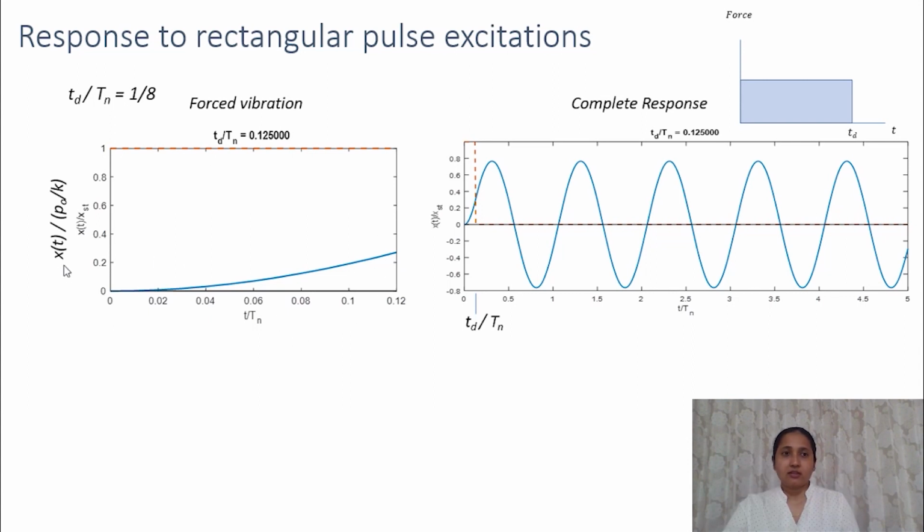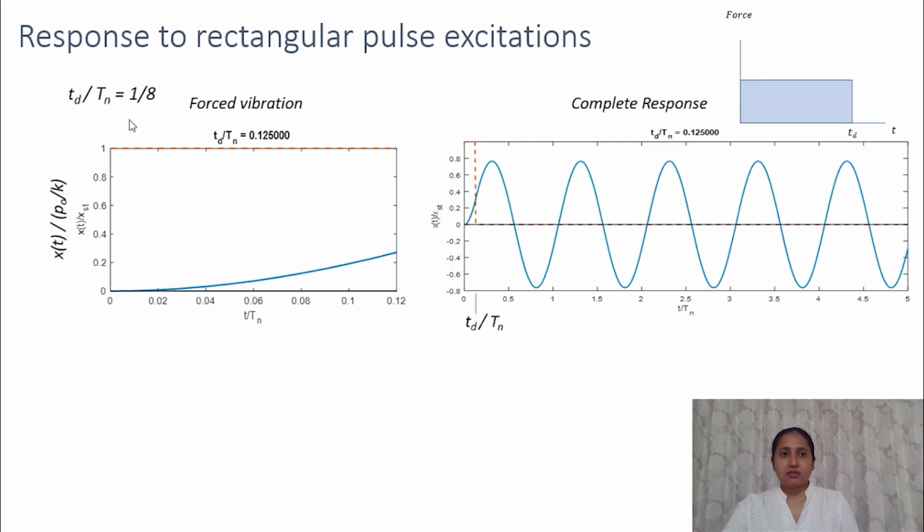This is in fact a normalized response, so we are plotting x(t) divided by p naught by k, where p naught by k is the static deformation. So these plots are for normalized displacement or deformation. The red dotted line indicates the static response.